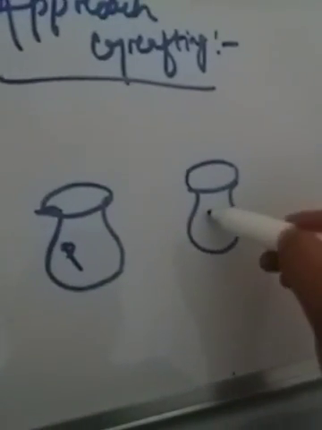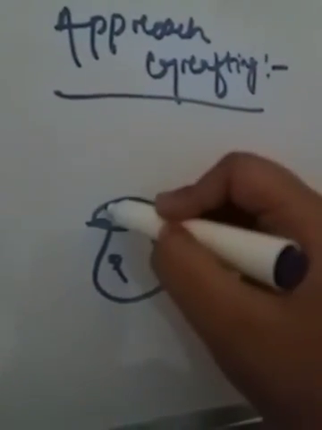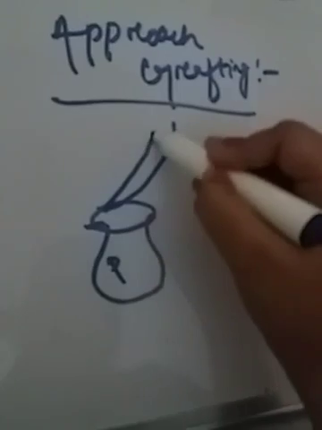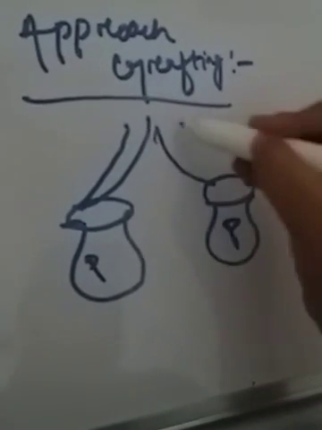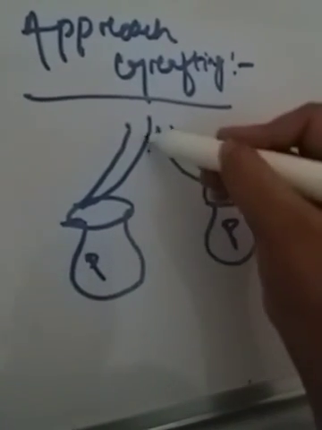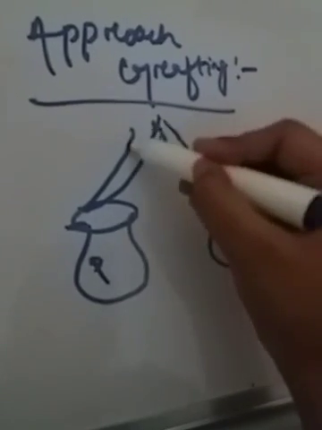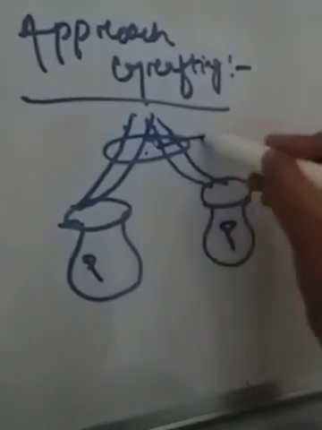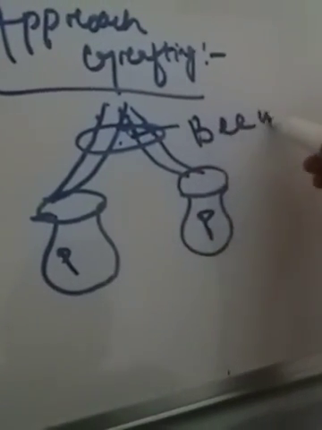This is a pot, this is a pot. Here one plant is taken, now here another is taken. And both are joined by beeswax.